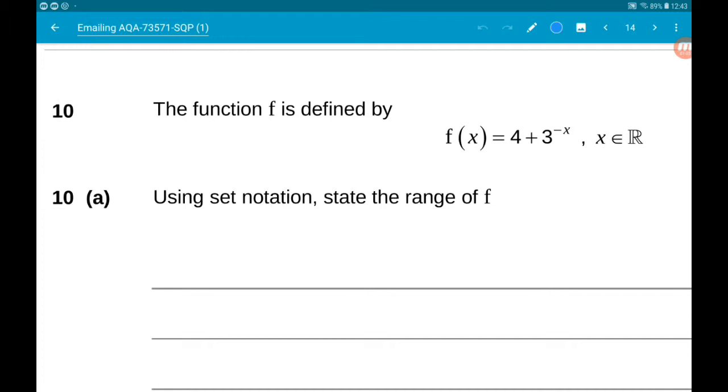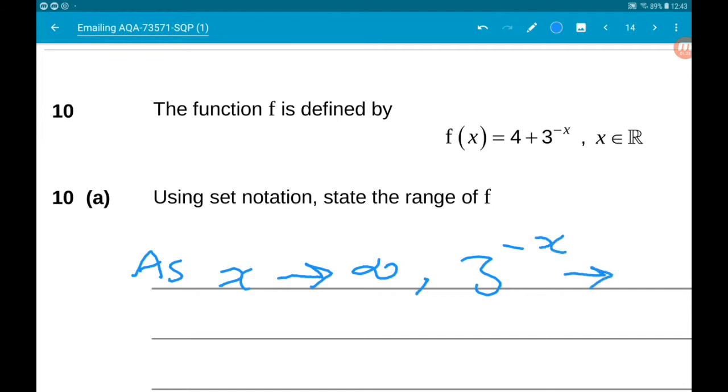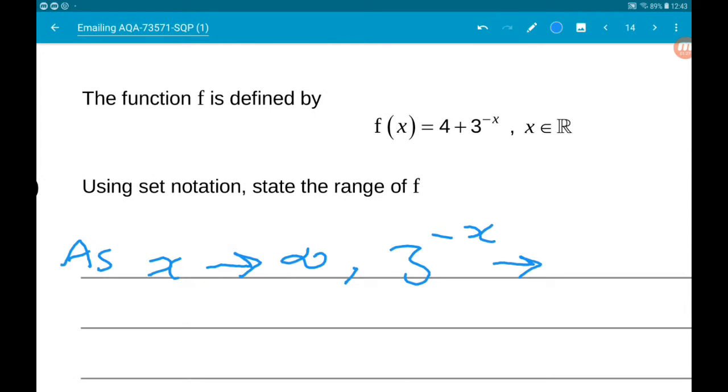As x tends to positive infinity, 3 to the minus x is going to tend to 0.